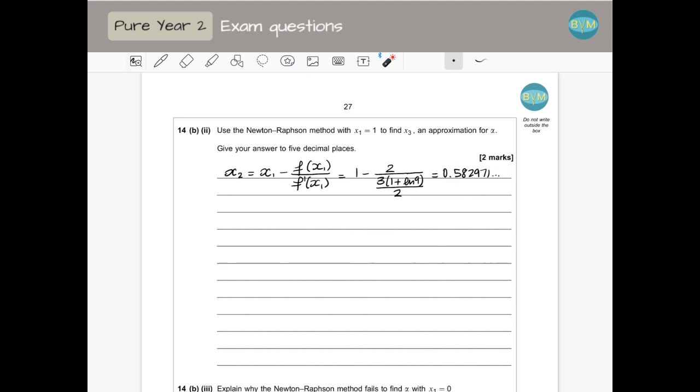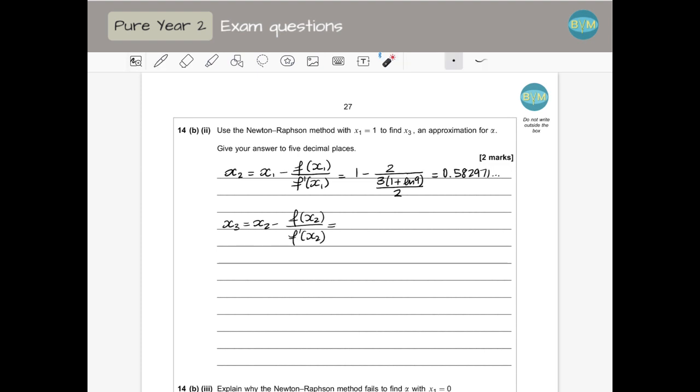What you're going to do is to not lose decimals. You're going to put this value in the memory of the calculator, because I think it's too complicated if you try to use the ANS button. So you put this in the memory, and then we find x3. x3 is going to be x2 minus f(x2) divided by f prime of x2.